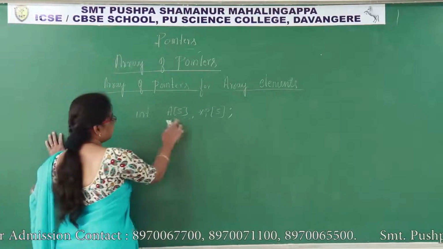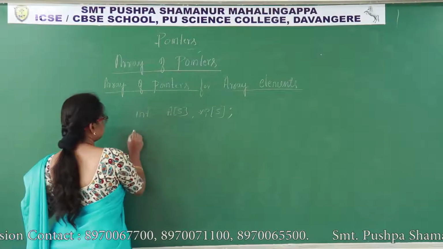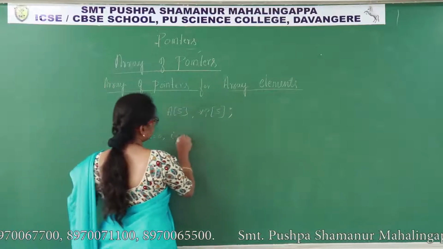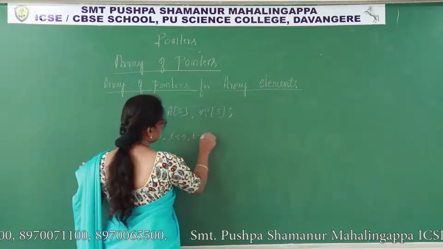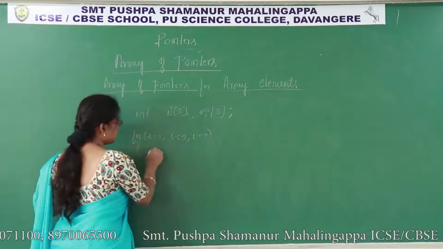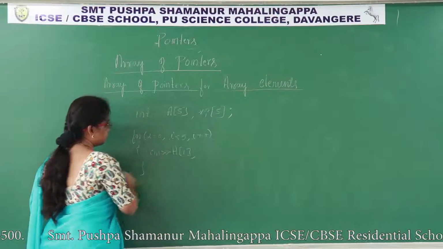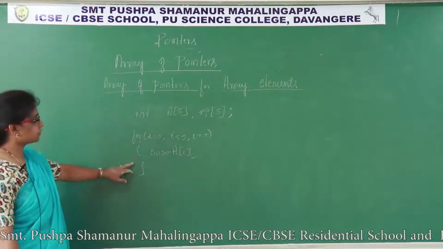If I read array elements for this array, for I is equal to 0, I less than 5, I plus plus, cin extraction, A of I. The code would be like this.